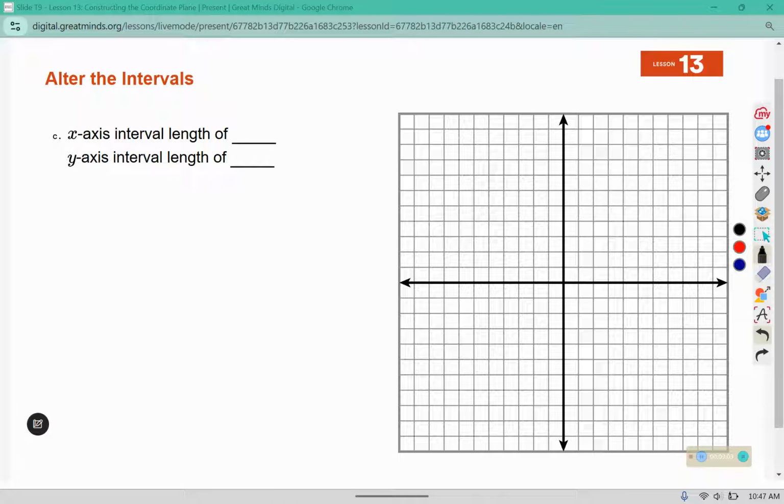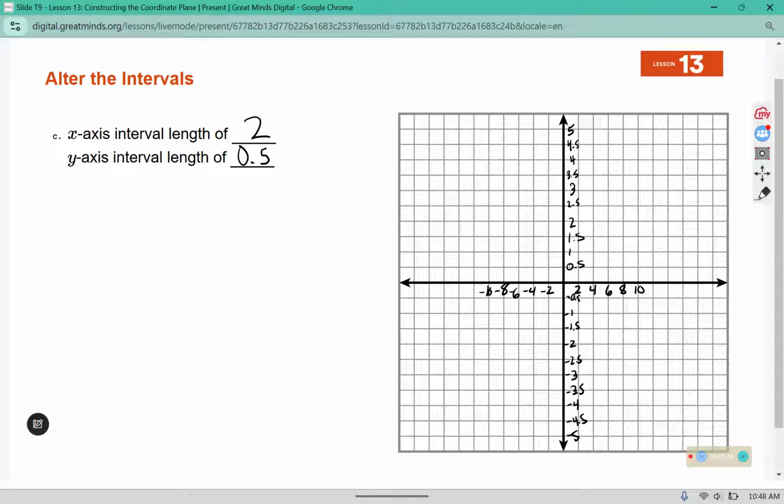For C, we're going to graph those same points. On the x-axis, we'll use 2, and on the y-axis, we'll use a half. A is 0, 4. Remember, we're moving to the 4, not just 4 boxes. B, 4, 2. We always move in the x direction first.